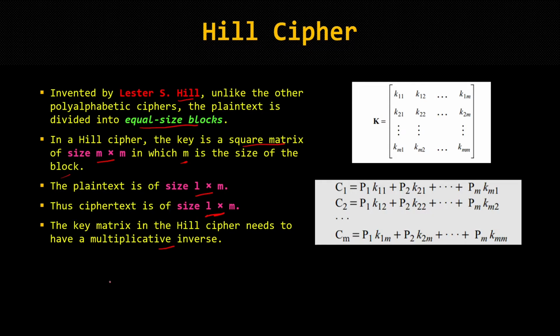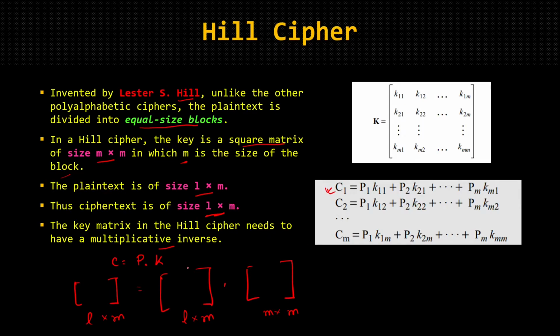If you want to visualize this, you can see the ciphertext is P times K, right? The ciphertext will be in a matrix, the plain text will also be in a matrix, and the key will also be in a matrix. Now the size of this key is m by m, and the size of P will be l by m. Therefore the size of our ciphertext will be l by m. This is how the ciphertext is calculated.